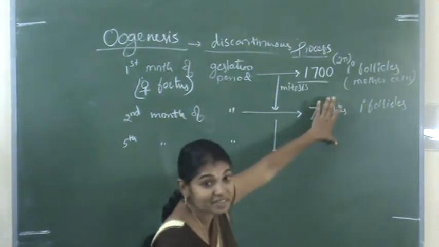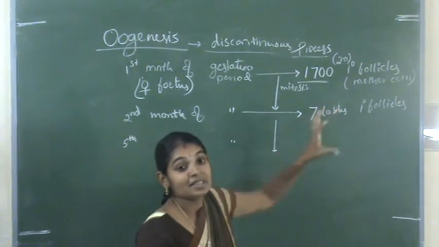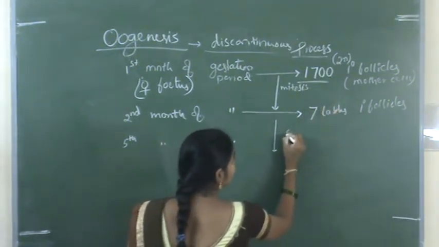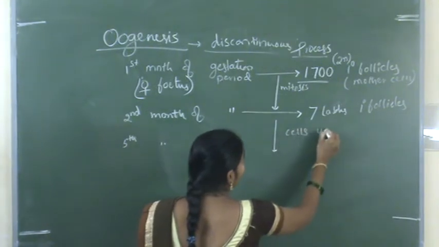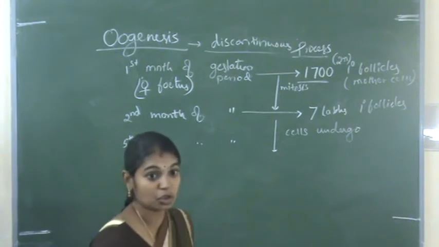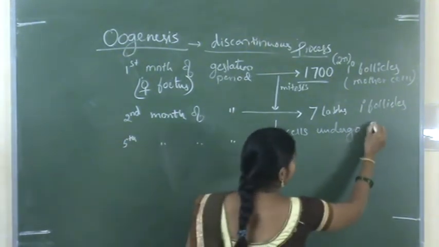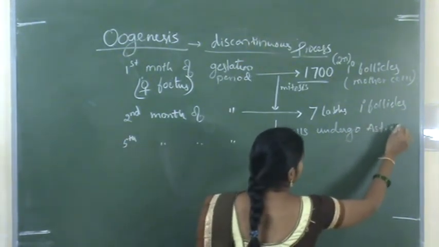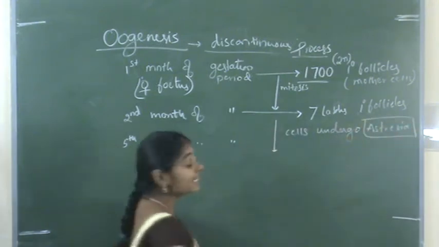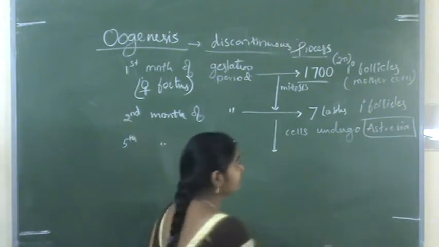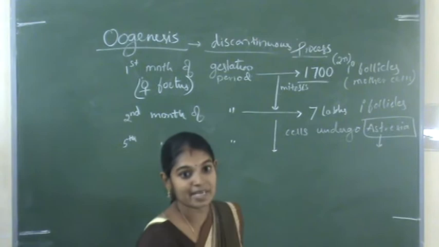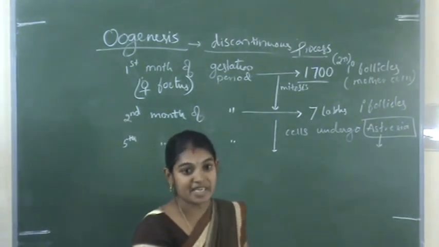So most of these cells undergo atresia. What is atresia? It means most of the cells undergo shrinkage or degenerate.